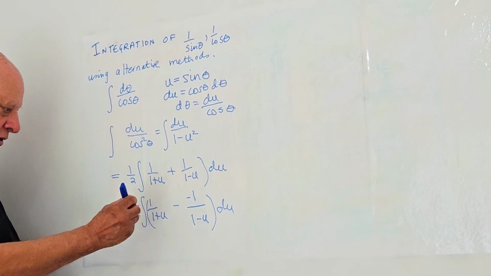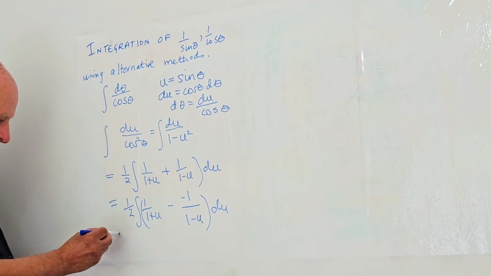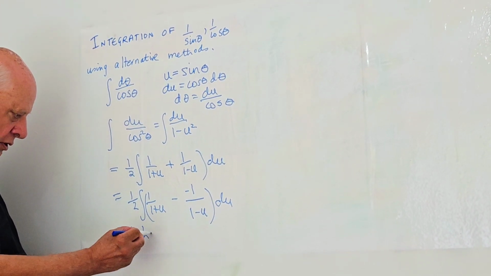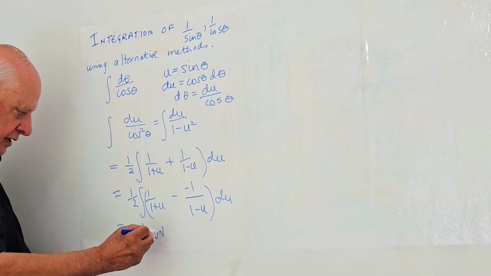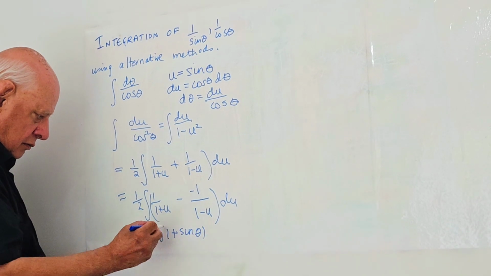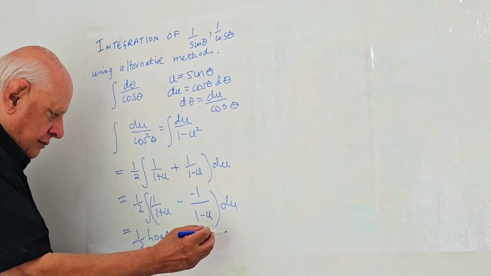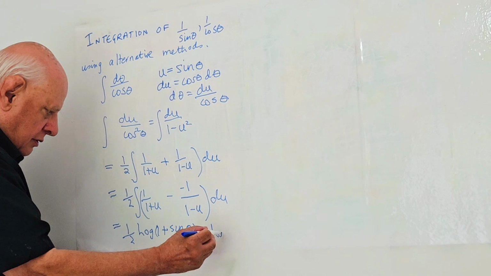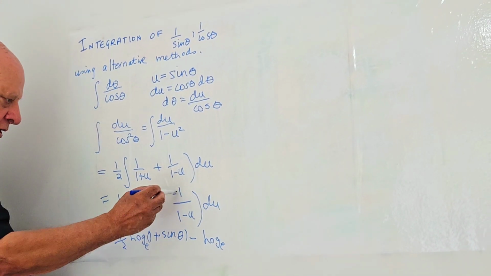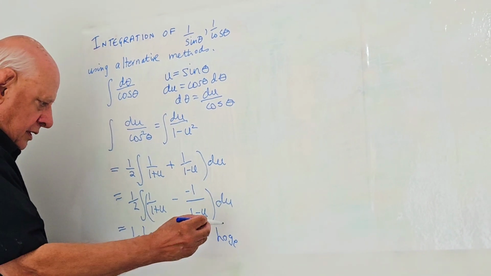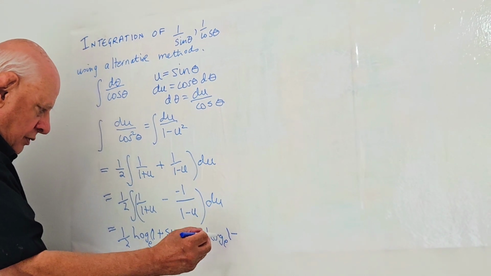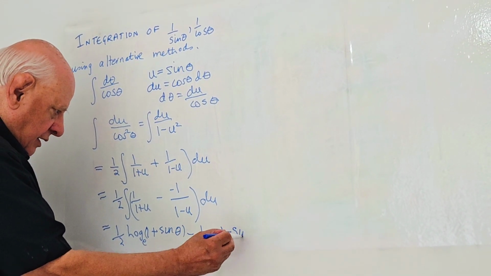So here the top is the derivative of the bottom. So that is 1/2 log of 1 plus sine theta, while the other one is minus log, this is log to base e, of course, and the top here is now the differential of the bottom, so that is 1 minus u, which is 1 minus sine theta.